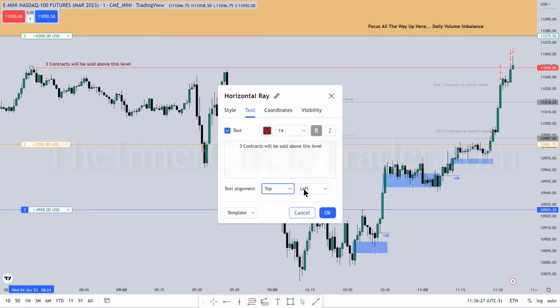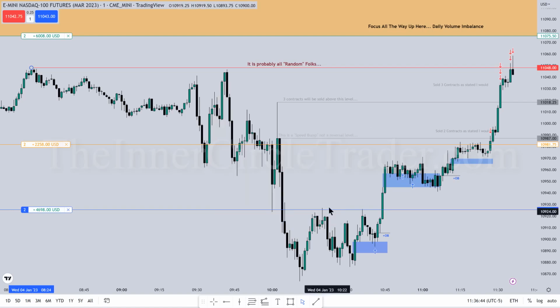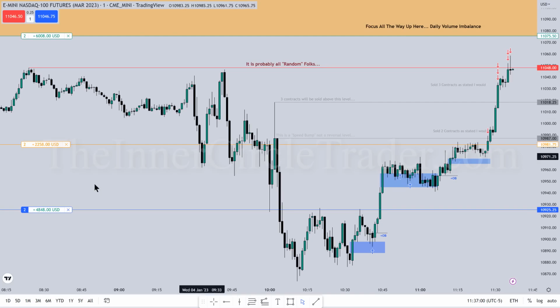Now I'm running down equity. Every time we make a new high, I'm peeling 1 off. So now I have 2 contracts and I want to see if we can get up into that volume imbalance, that shaded yellow orangish area where I have typed out focus all the way up here, daily volume imbalance. Now think about where it's trading at right now.